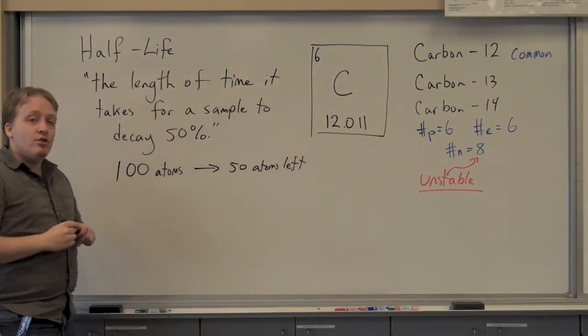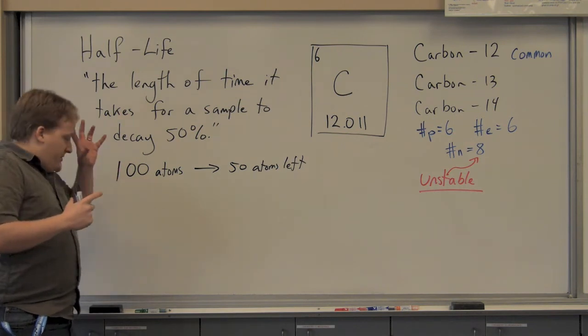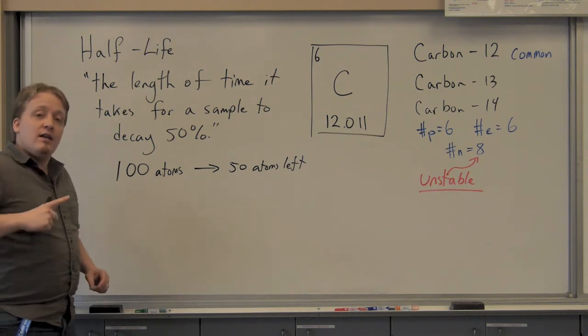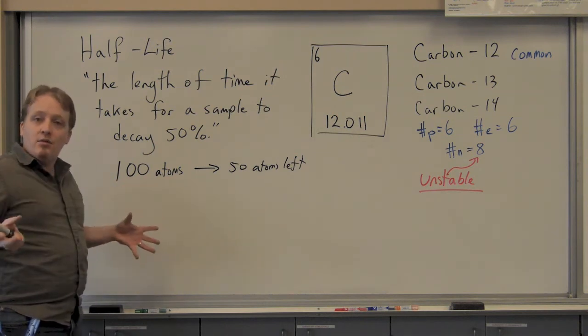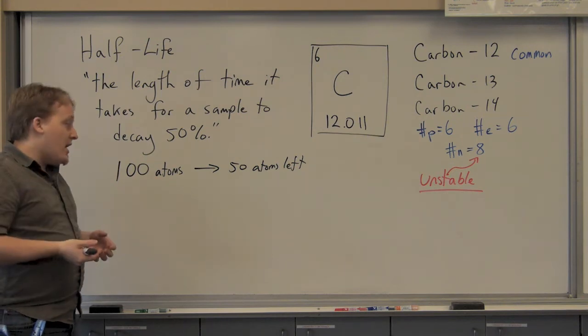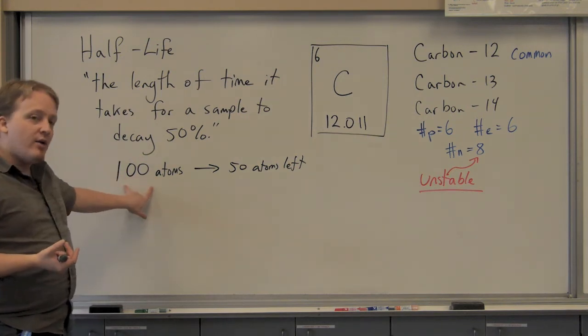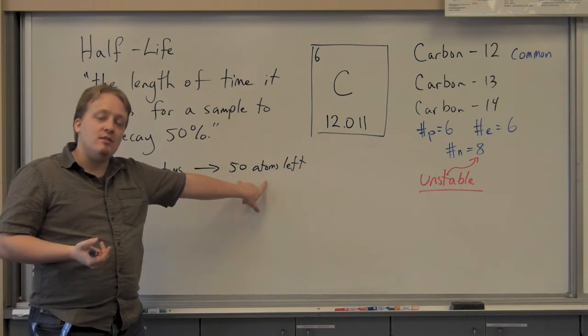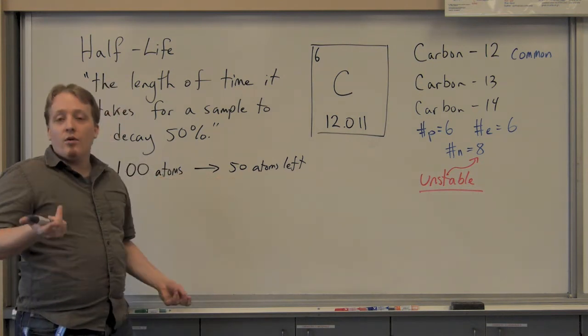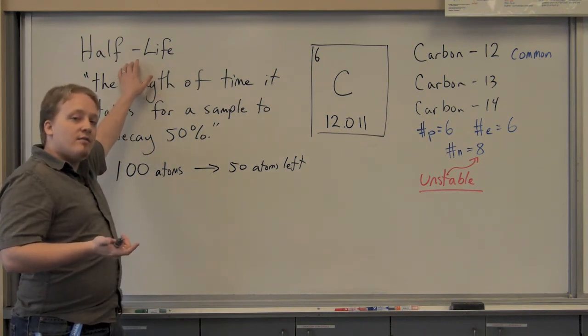I can't say for sure exactly if this atom here on the left is going to break down or this atom in the middle is going to break down. All I know is that when you look at the entire sample, and this is more accurate the bigger your sample gets, the time to go from 100 atoms of radioactive material to 50 atoms that have not yet broken down is a standard time that works out to what we call the half-life.